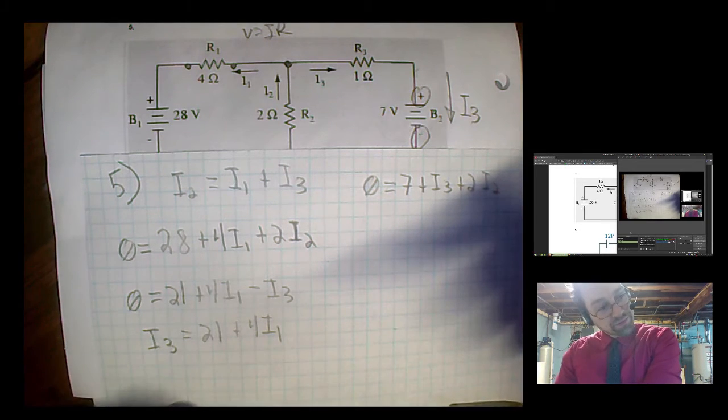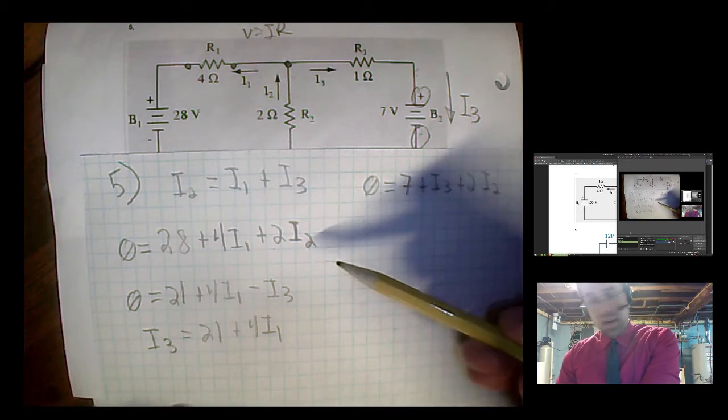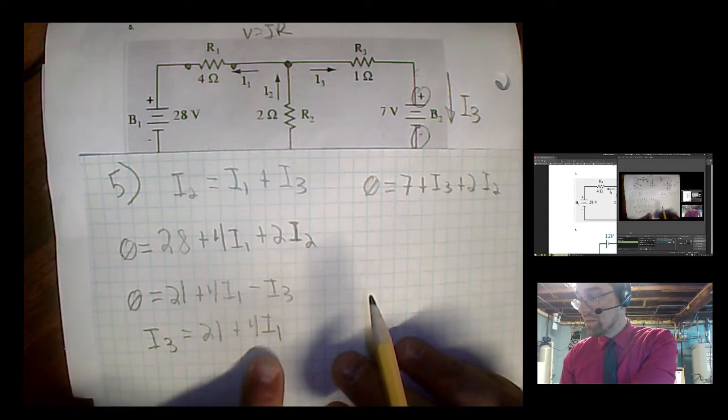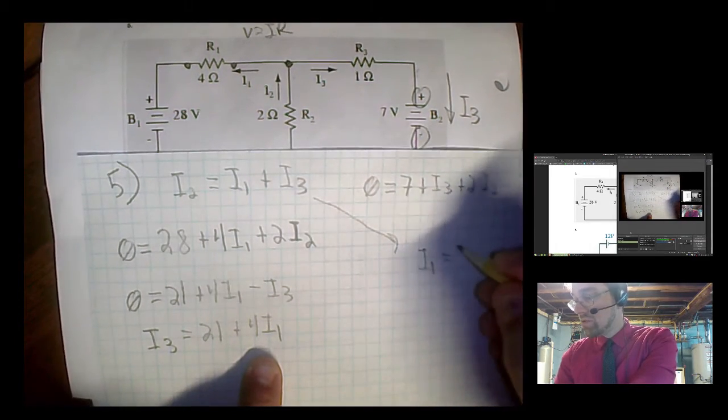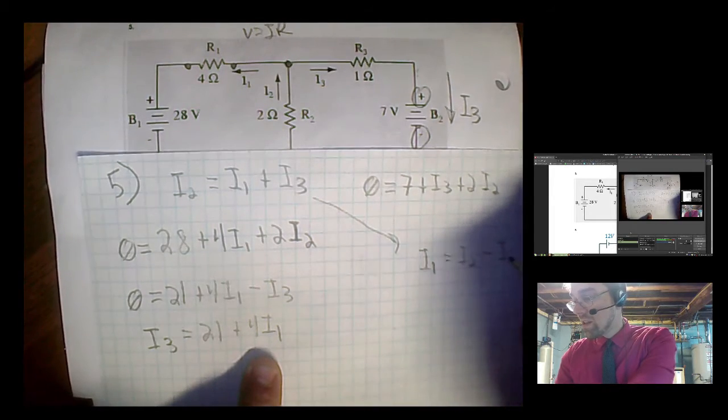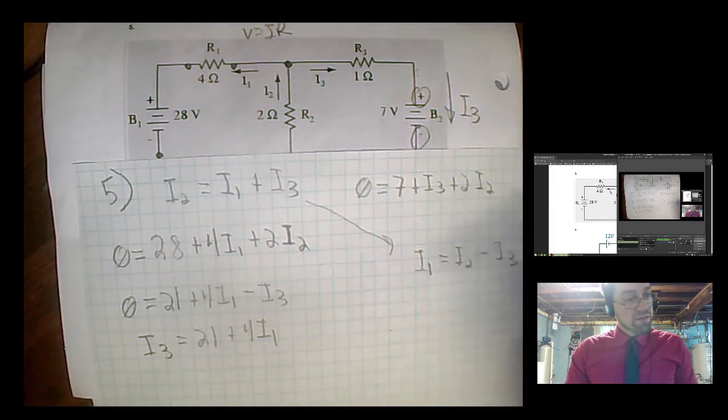So let's take a look here. What can I do next now? Well, because I have an expression for I1, right? I know I1 is actually I2 minus I3, right? So we got that to work with as well.